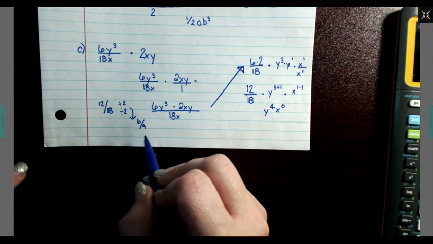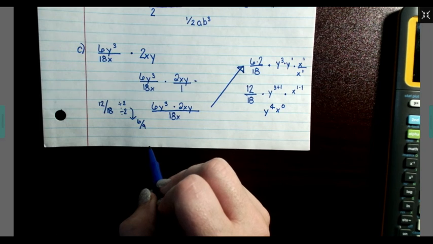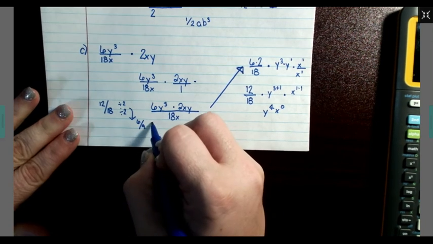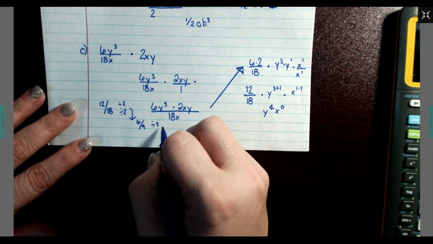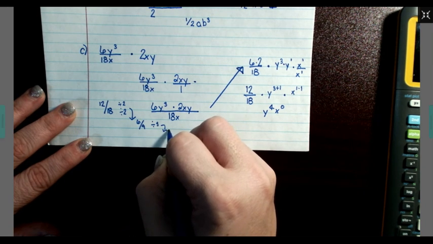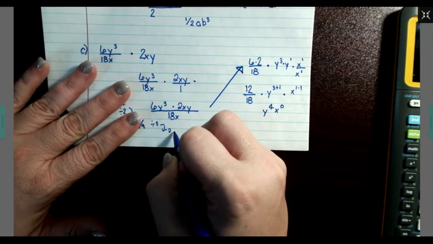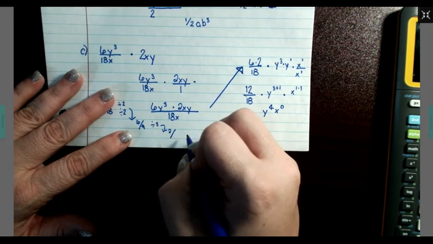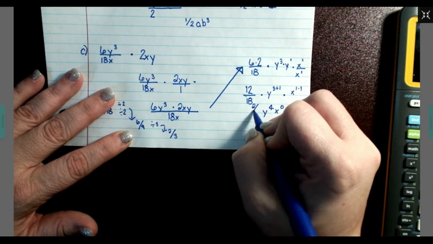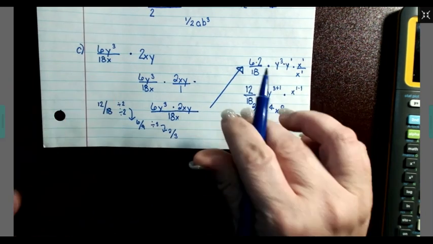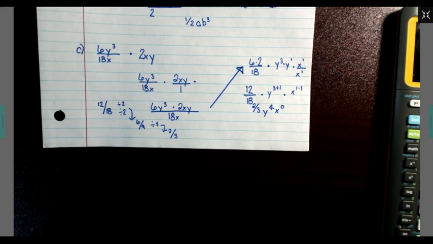Now, I know that 2 can't go into both of these numbers, but I do notice that they are both divisible by 3. So 6 divided by 3 is 2. And 9 divided by 3 is 3. So whenever I actually simplify this fraction down, it actually reduces to 2/3.